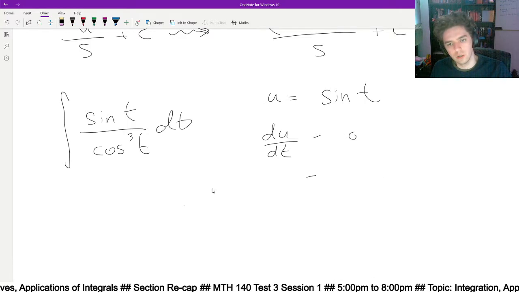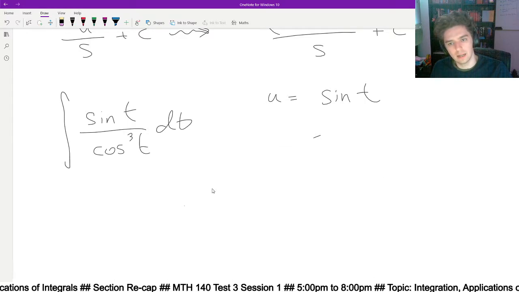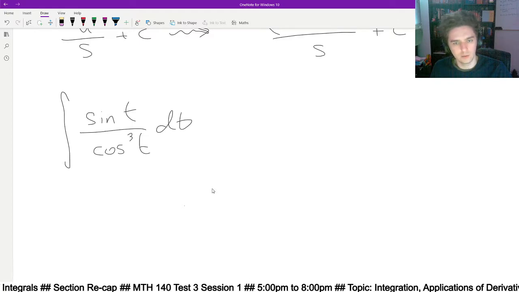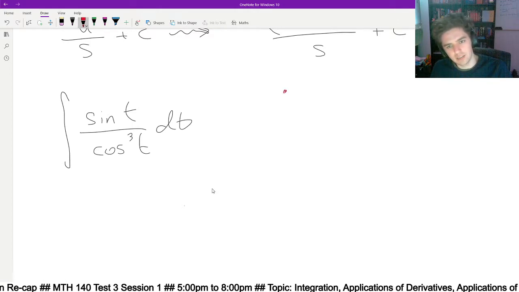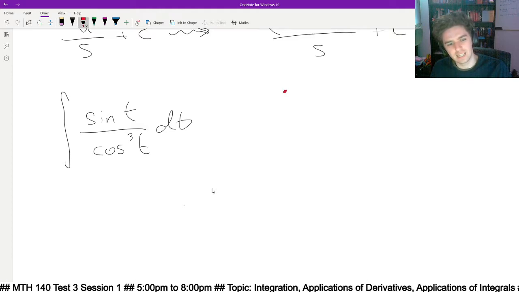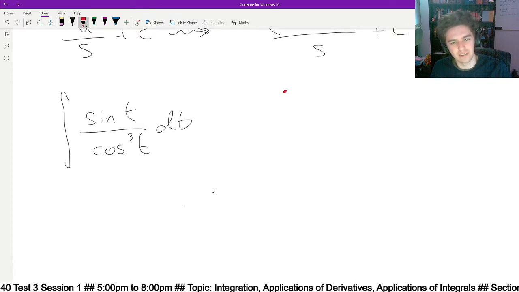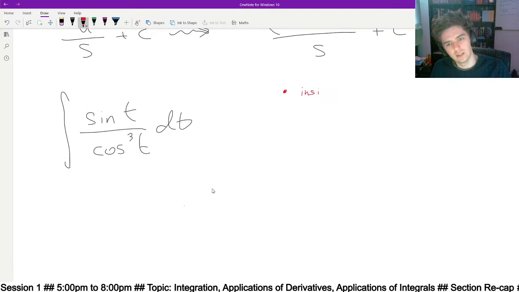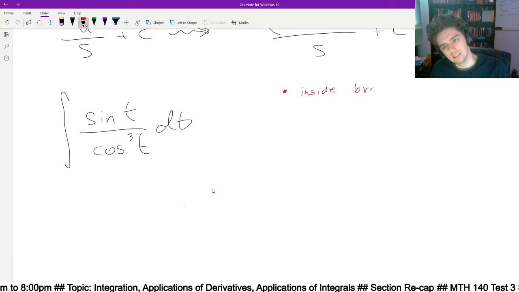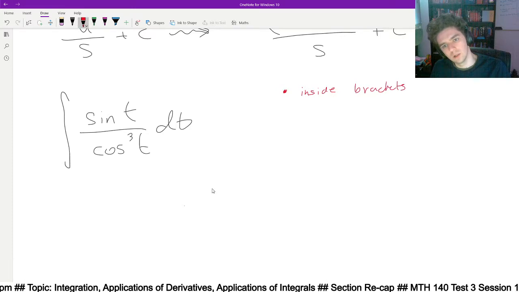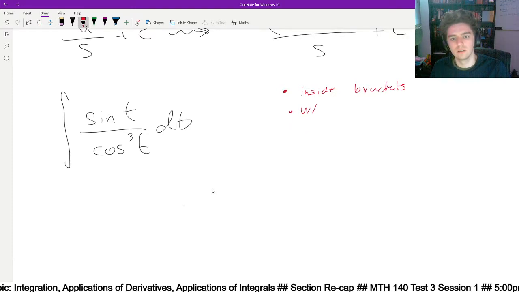So in general, I don't know how useful it is, but I just think, first I'll do the thing that has the most things applied to it, so the thing inside brackets, or with an exponent.